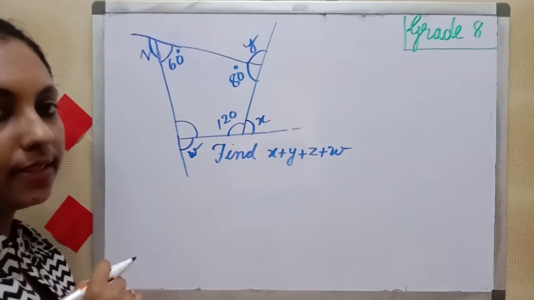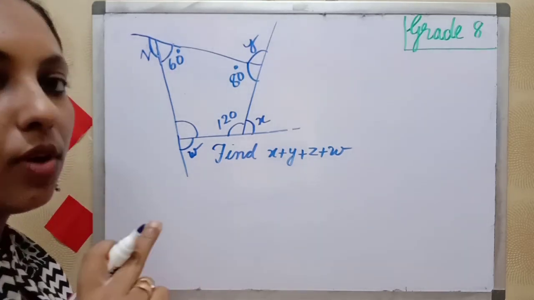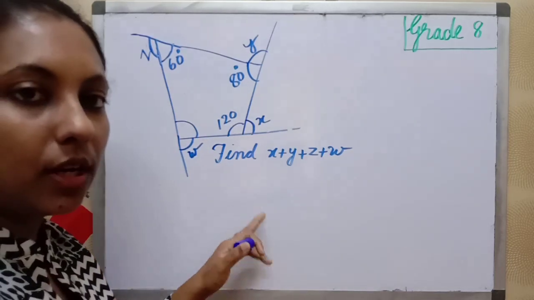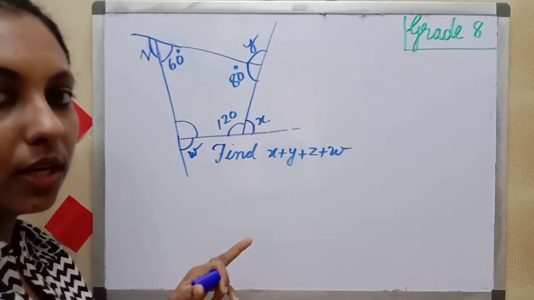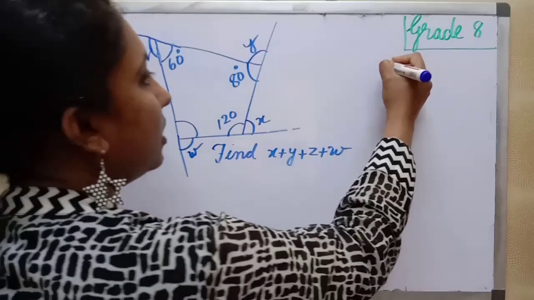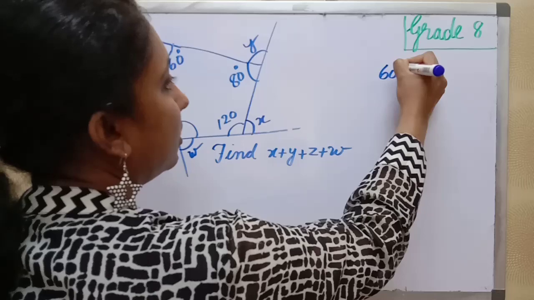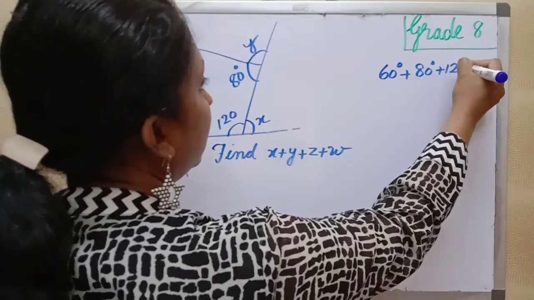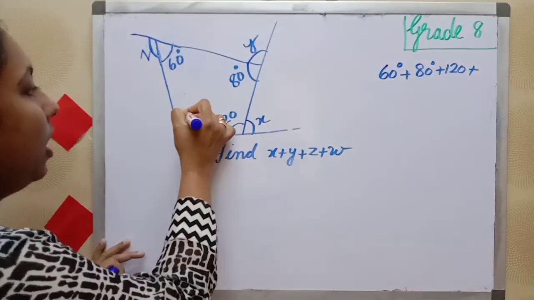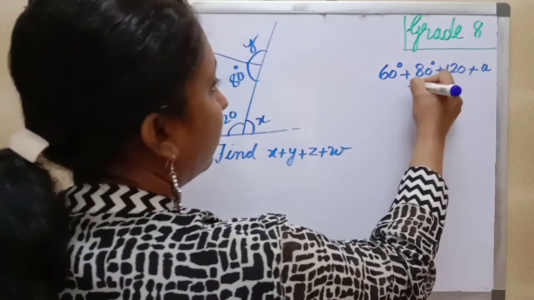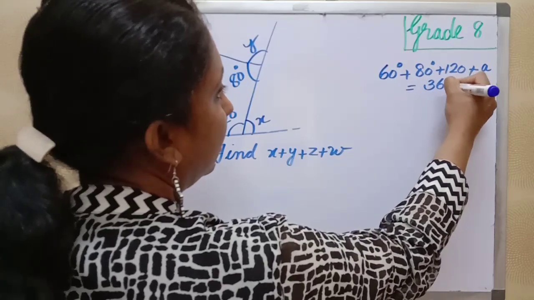That is 360. That is (n minus 2) into 180. N is 4. 4 minus 2 into 180, 2 into 180, that is 360. That means 60 plus 80 plus 120 plus, this is unknown, I am giving small letter A, A is equal to 360.